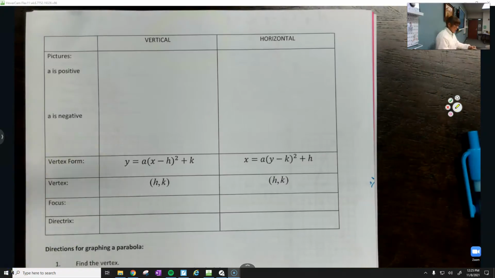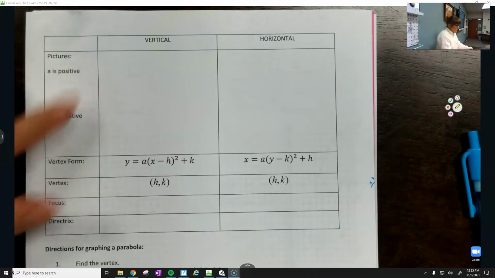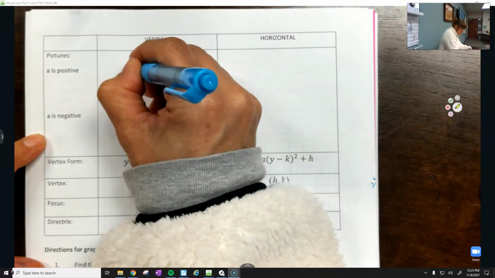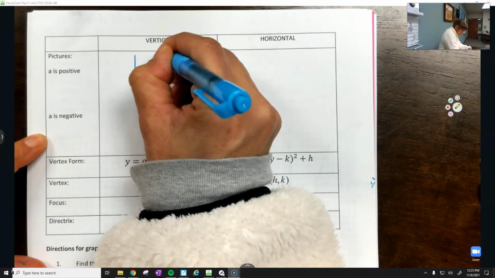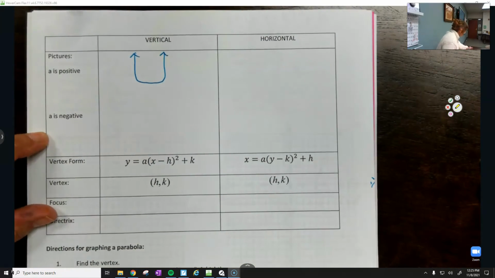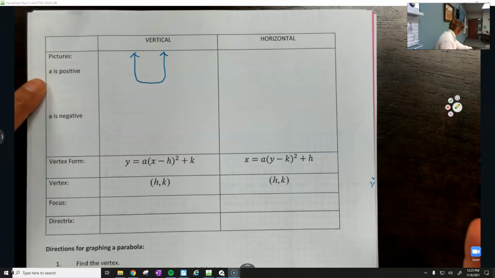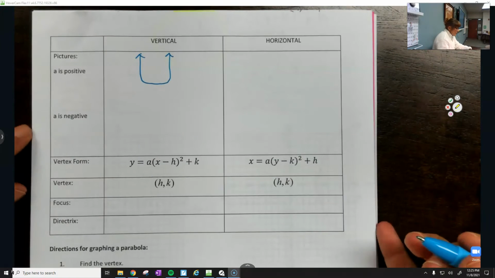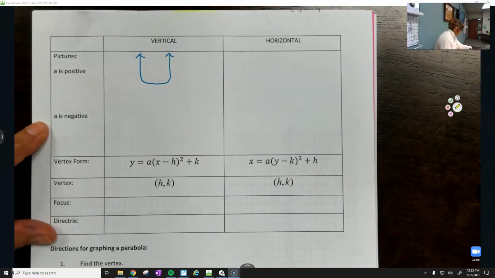Little graphic for vertical and horizontal. Remember, vertical, when A is positive, it just opens up. We already know that because that's an Algebra 1 concept. Just going to draw a shape of a parabola opening up for an A value that's positive. What about when an A value is negative? Yeah.